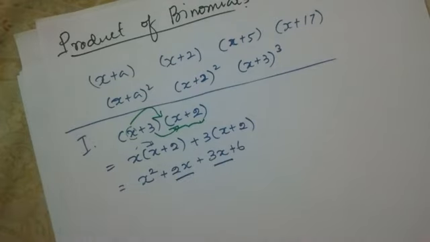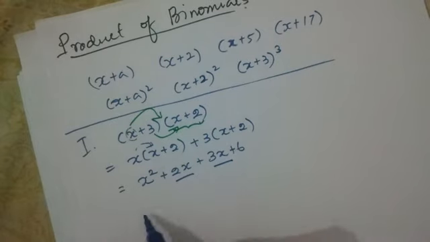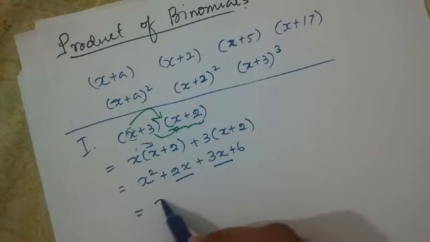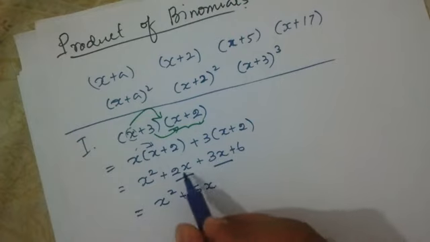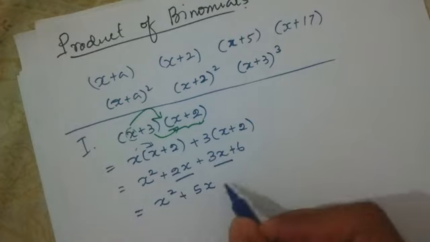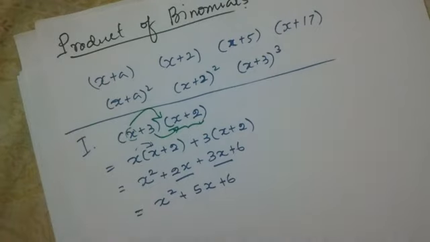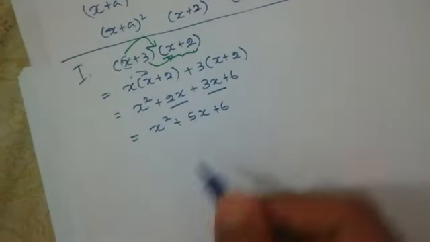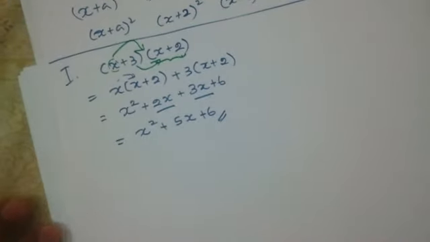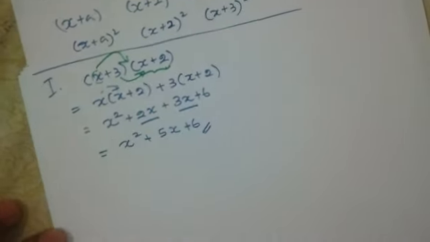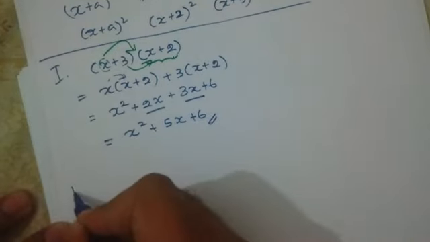These are like terms, they look alike, so you can add them. That's x squared plus 5x plus 6. That's the answer, and that's just simple, right? Nothing to worry about. You just need the tools and some practice.